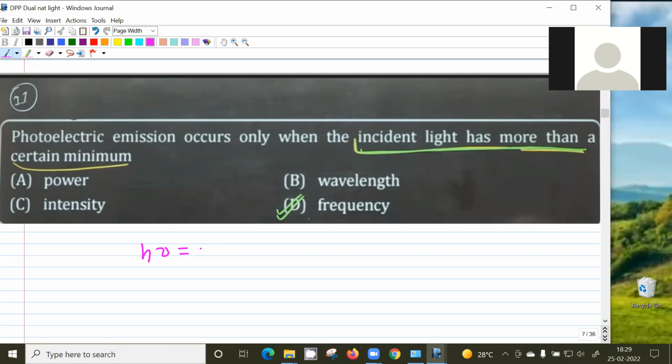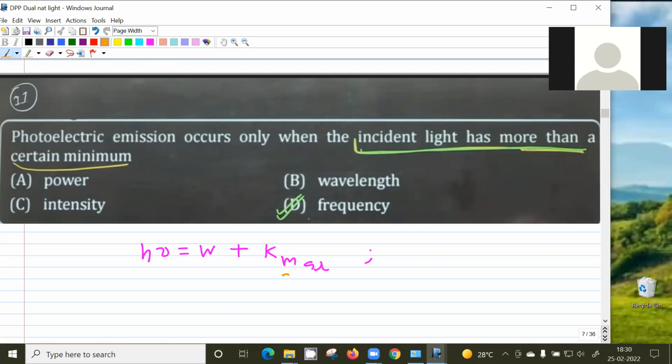That goes into knocking off the electron, that is the work function, W or phi, plus maximum kinetic energy. Yes, sir. So this is the photoelectric equation. This is given by Einstein. So what is work function? The minimum energy required to knock off the electron. And the remaining energy goes into providing the kinetic energy.